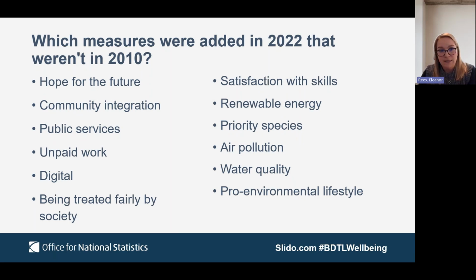Being treated fairly by society, satisfaction with our skills, renewable energy use, abundance of priority species, which is a metric linked to biodiversity, air pollution, water quality, and pro-environmental lifestyle. So this is capturing those who are making changes to their lifestyle as a consequence of environmental concerns.